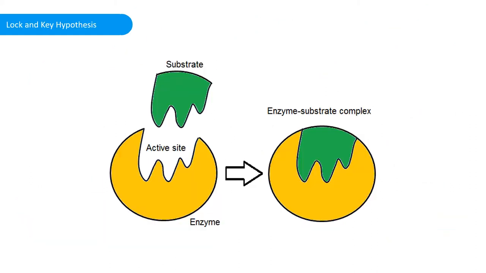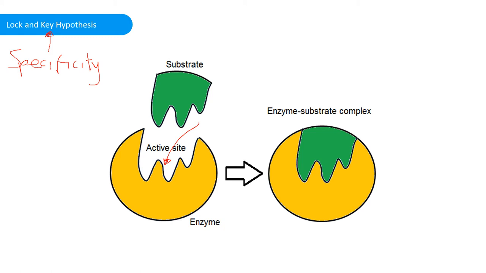So we call this specificity. We call it the lock and key hypothesis, because when enzymes were first discovered, they knew that the active site was a very, very specific shape, and that's what these proteins are.